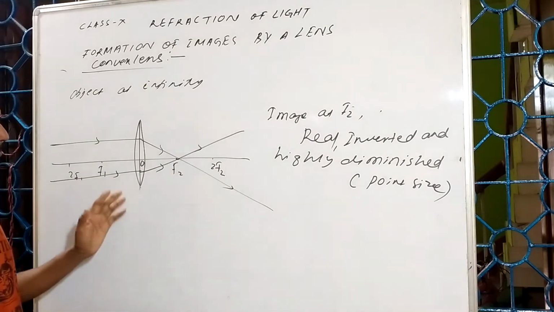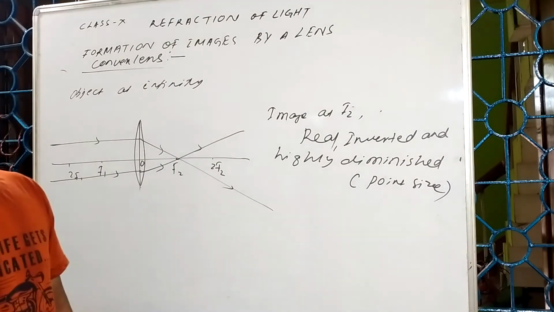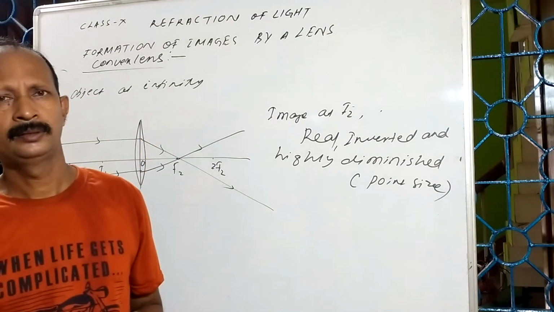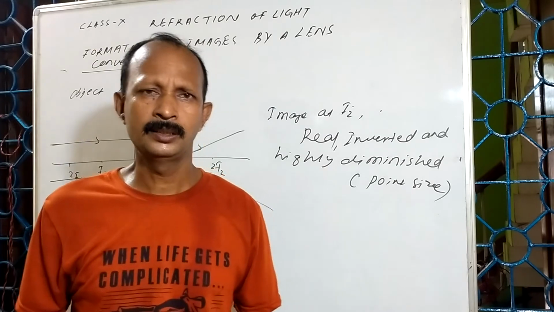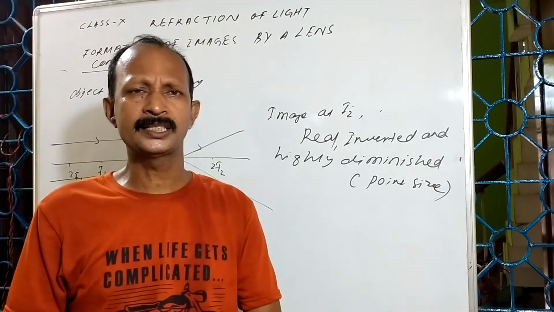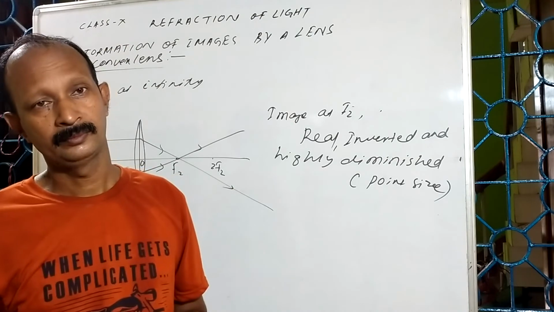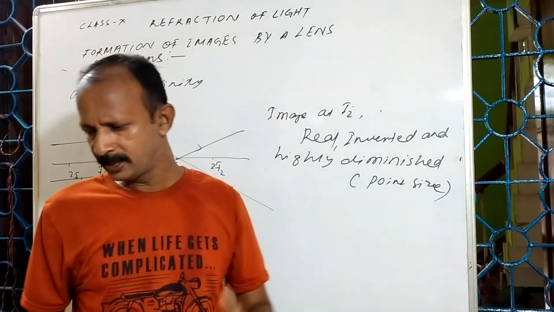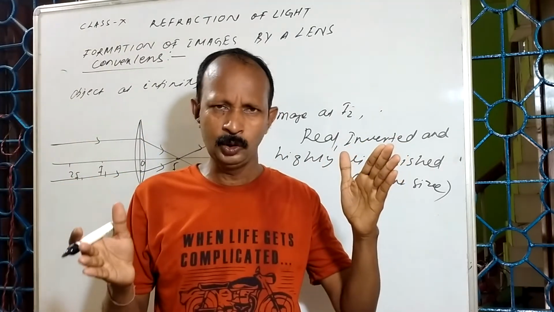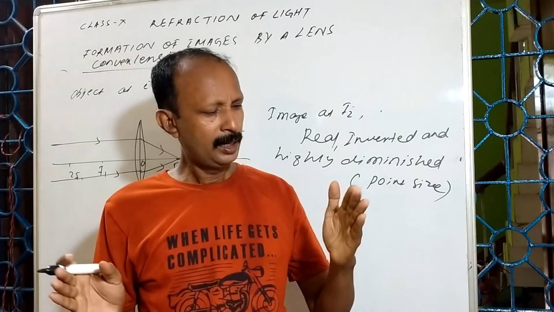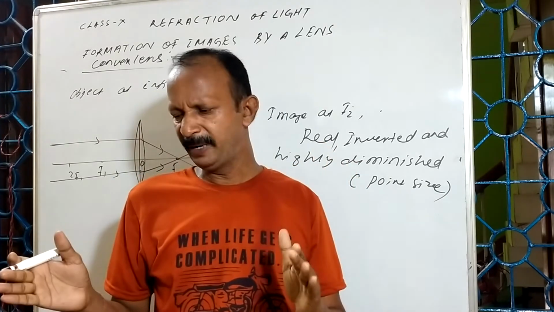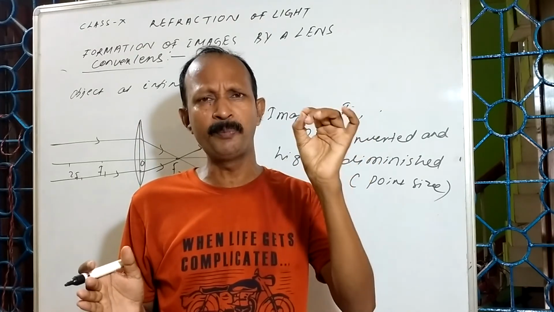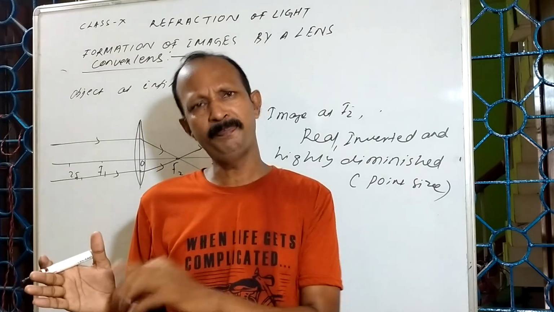By taking this idea we can find the focal length or principal focus of an unknown convex lens approximately. How? Take a convex lens, a biconvex lens, show it towards the sun, and in front of it take one paper. Adjust the distance between the lens and paper until getting a clear, one-pointed image of the sun on the paper.